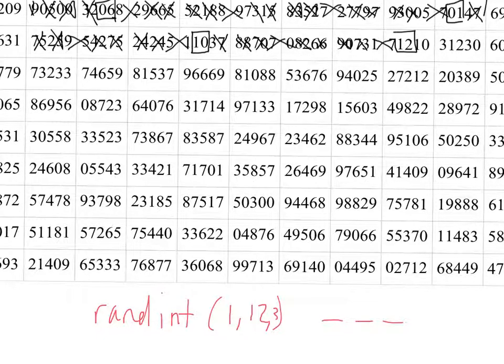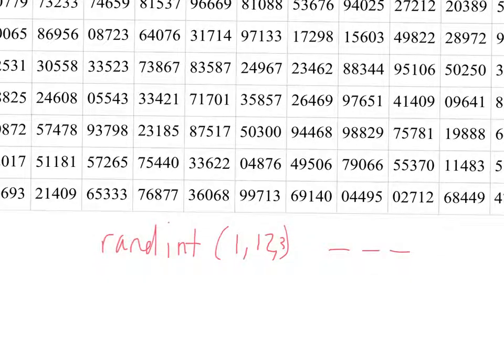For a TI-89, you just do random 12, and I believe that gives you numbers between 1 and 12. You may have to do int. But there were 6 simulations.